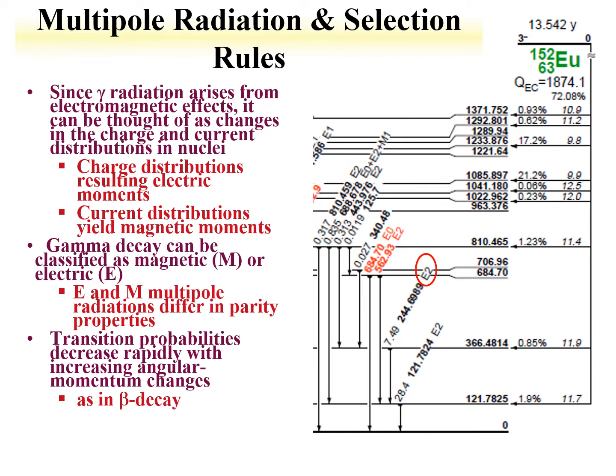So monopole, quadrupole, etc. One of the things we are going to see is that the transition probabilities decrease rapidly with increasing angular momentum. So changes that occur, if they have large spin and parity changes, the probability is going to decrease, just as we've seen with beta decay.